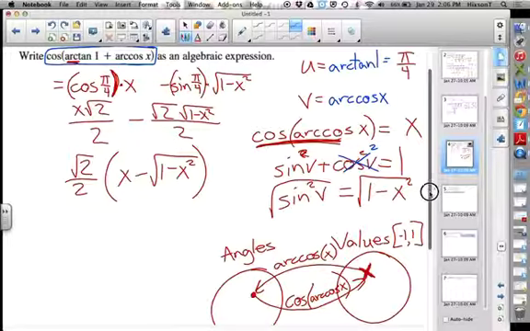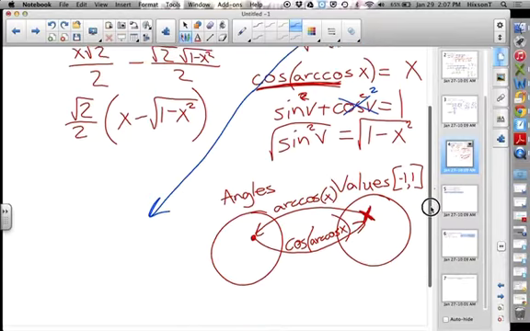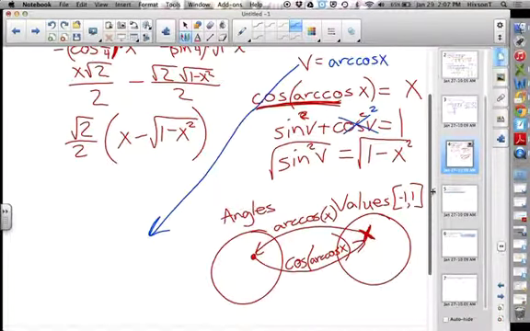Now, we also mentioned it's possible to do this with a triangle, and if this is helpful for you, go ahead. Once we know, actually I should put the arrow up here, once we know that v is the arc cosine of x, that means, think of it kind of backwards, that the cosine of v equals x, right?